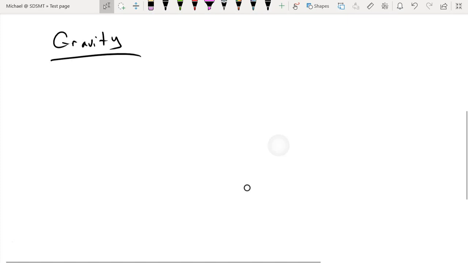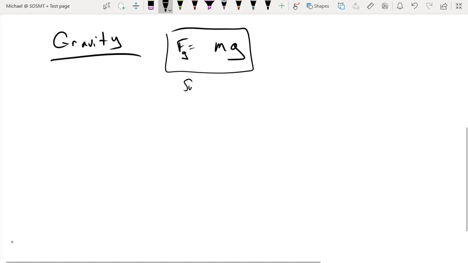For gravity, we have two ways that we've been utilizing gravity in our physics problems. The force of gravity can equal mg, and this was any time we were working at the surface of the Earth, or at least relatively close to the surface of the Earth.